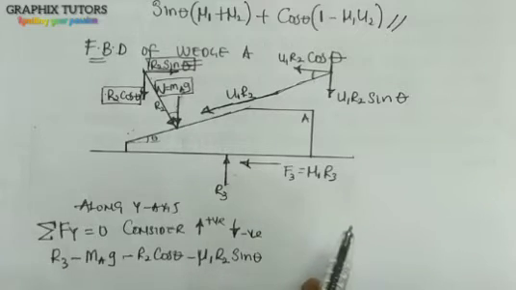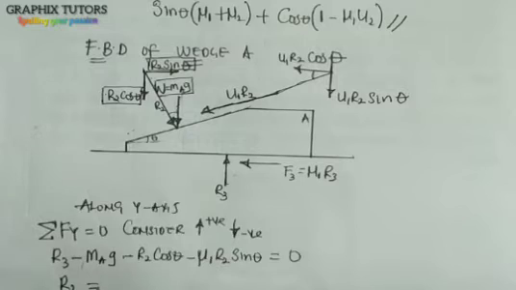So that's all we have there. So equals to what? 0, right? So from here, if I take them to this side, my r3 will be equals to the mass of A times gravity plus r2 cos theta plus mu1 r2 sine theta.